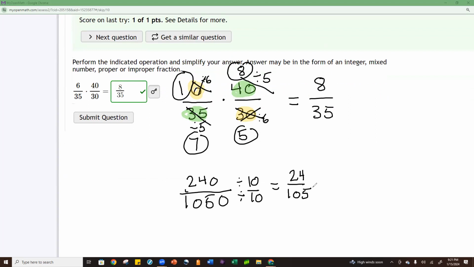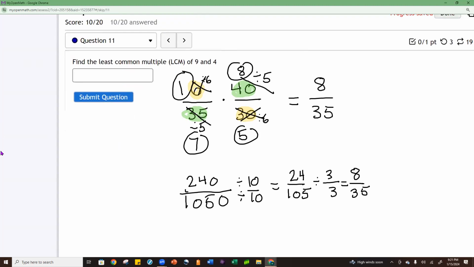And then I'd realize it's not even simplified all the way, and I'd have to test some numbers, but I think I'd realize it's 3, and I'd get 8, and then it'd take me a little while to realize what 105 divided by 3 is. And you'd get the same thing, and I did it quicker because I knew those facts, so you can choose whichever way you want. Go on.